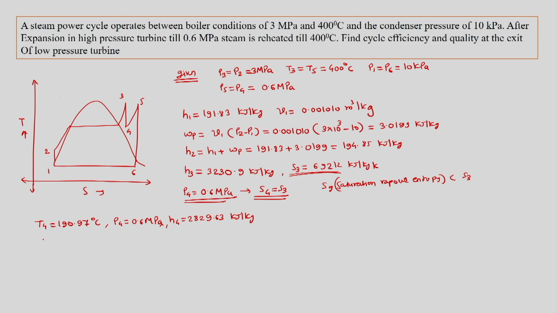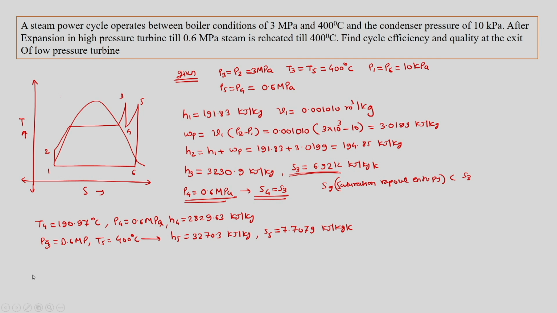Now we go to P5 as 0.6 megapascal and T5 as 400 degrees Celsius, and find H5, which gives 3270.3 kilojoule per kg. At the same time we note down S5, and S5 is 7.7079 kilojoule per kg Kelvin.